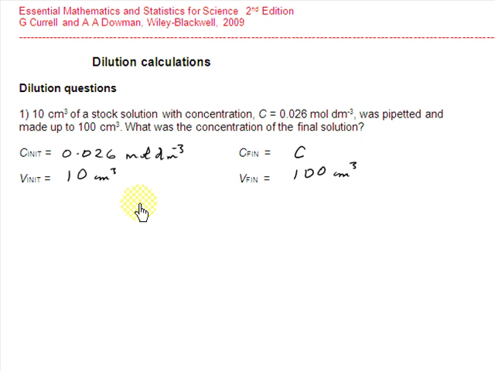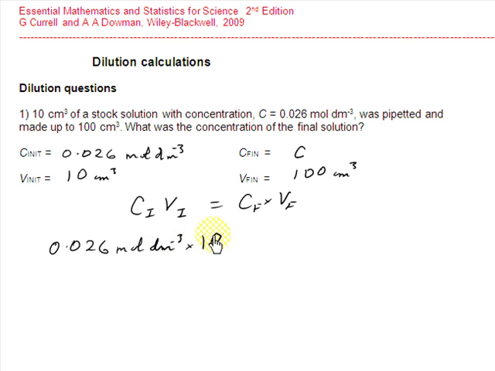We now substitute these values in the dilution equation, where C initial V initial will equal C final times V final. And performing this substitution, we will have 0.026 moles per decimeter cubed multiplied by 10 centimeters cubed will equal C, which is the final concentration that we want to calculate, multiplied by 100 centimeters cubed, the final volume.